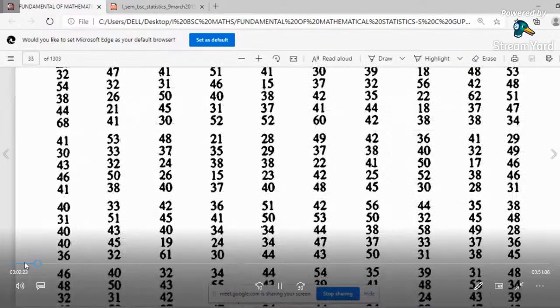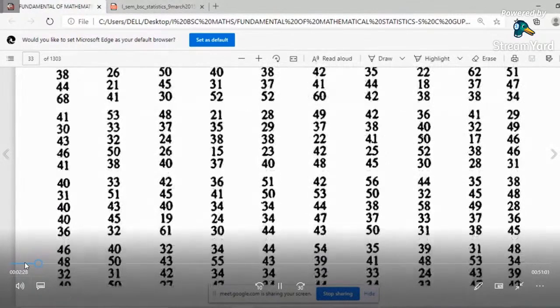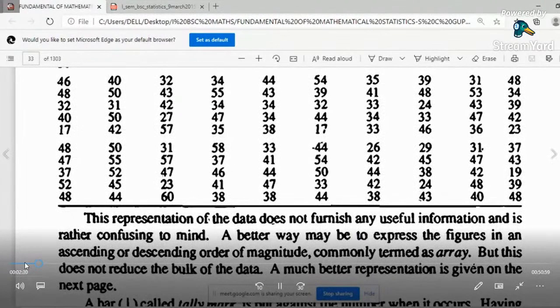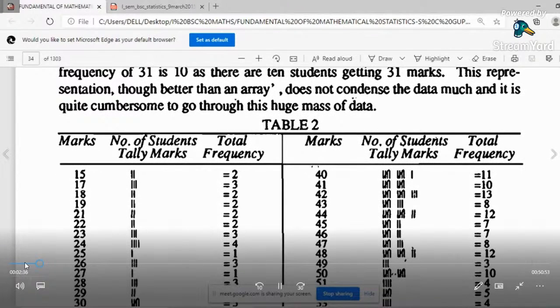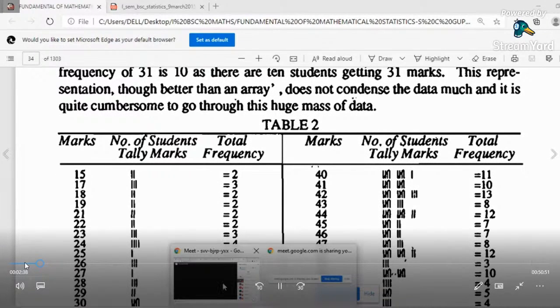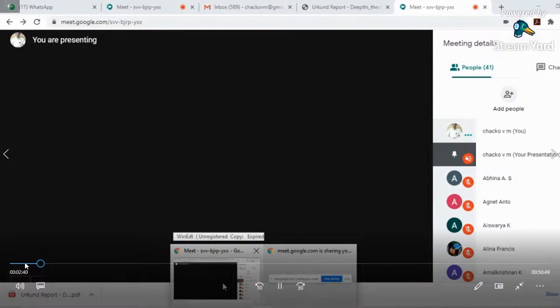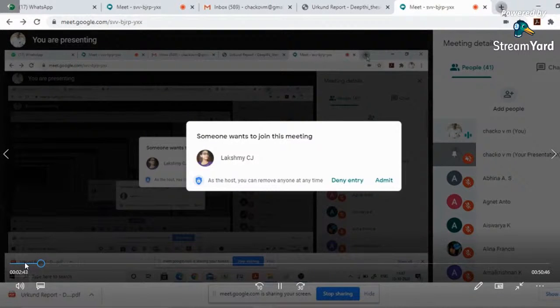This is table 1, and table 2 gives a more informative idea about the data. Table 2 is more informative. In reality we can see many examples in which frequency distribution applies.